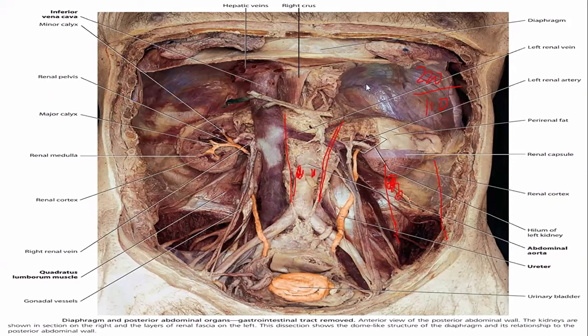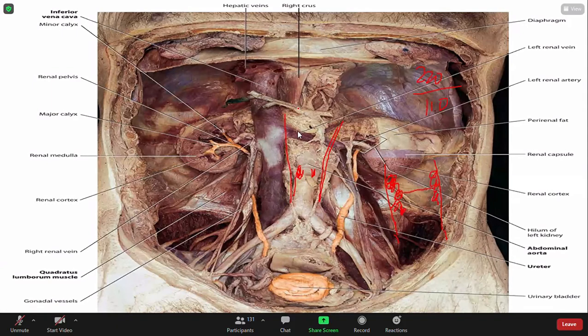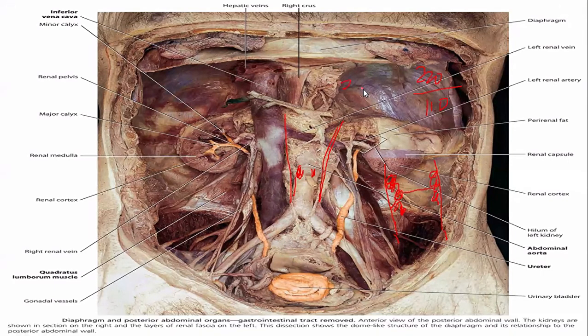And then when you measure the lumen, look at this: normally, as the aorta goes down, the normal diameter of the aorta is 3 cm here. Then at the mid level, it becomes 2 cm normally.